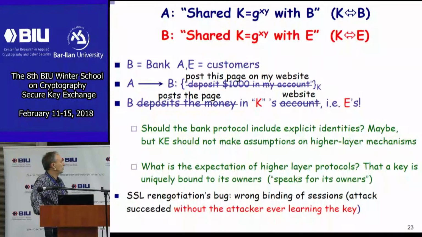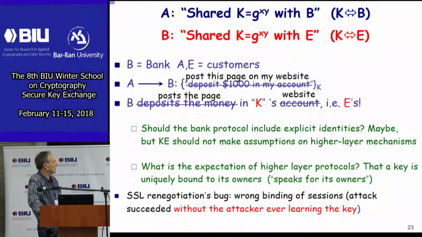One of them was Alice sending to Bob a command to post some page on my website, and my website is whatever is the website of the owner of the key K, which in this case Bob posts on the website of Eve.